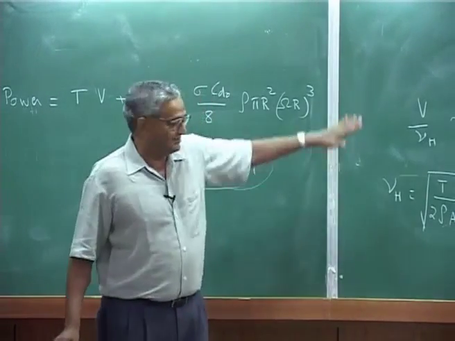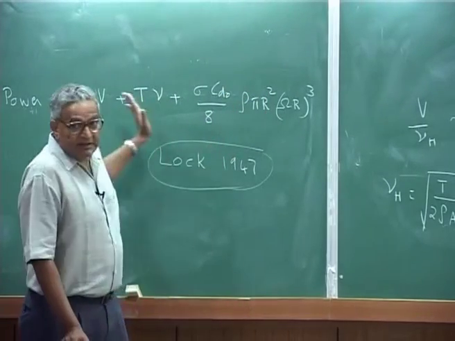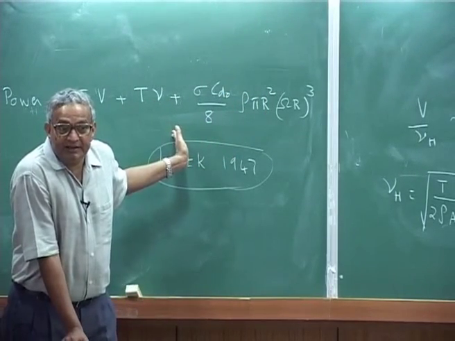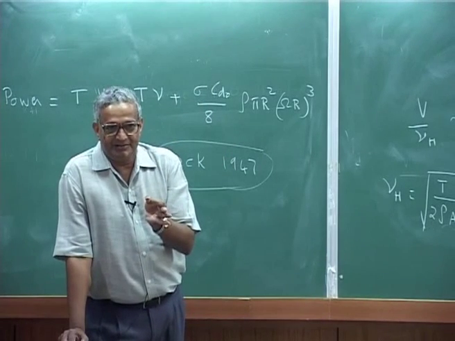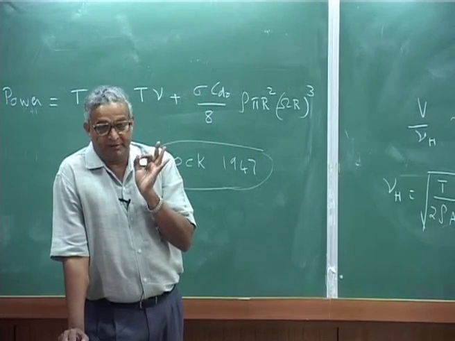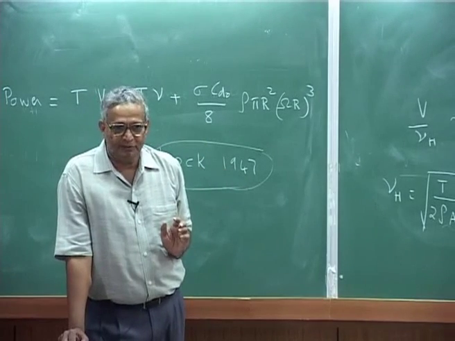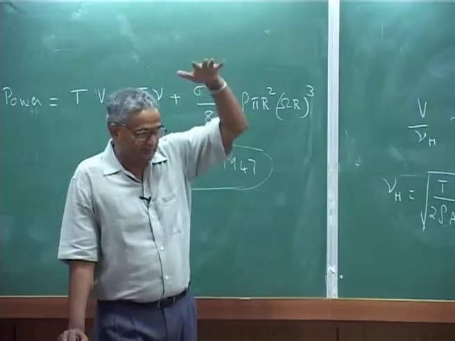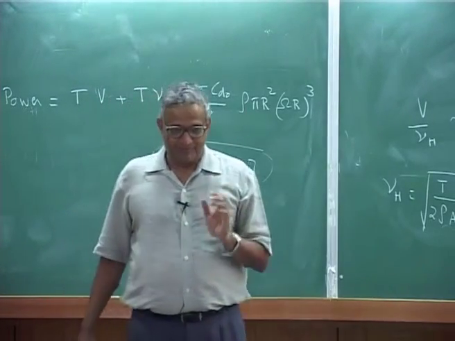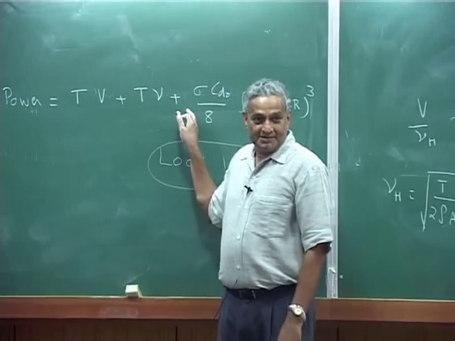This is a vertical. Please understand this, whatever we wrote, this is auto rotation in vertical descent, but you can auto rotate in forward flight also. Actually, they try to auto rotate only in forward flight, they do not come down like this, okay, because you know that this is the shaft power.